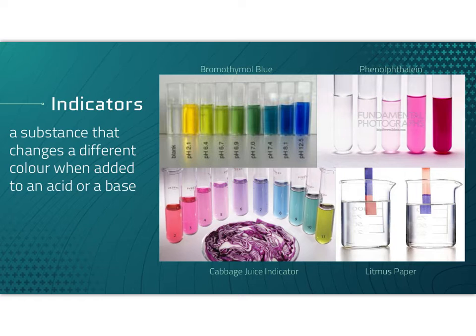Indicators are substances that change color when added to an acid or a base. So an indicator will change one color if it's in an acidic solution and another color if it's in a basic solution. Here are 2 that we use in the lab. They're more of a chemical indicator. Bromothymol blue changes from yellow in something acidic to blue in something basic.